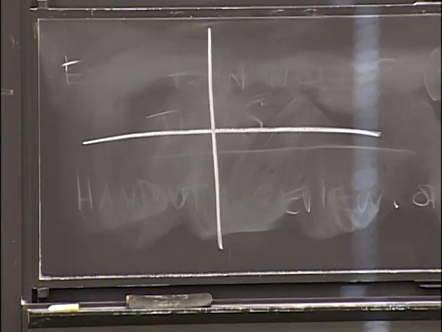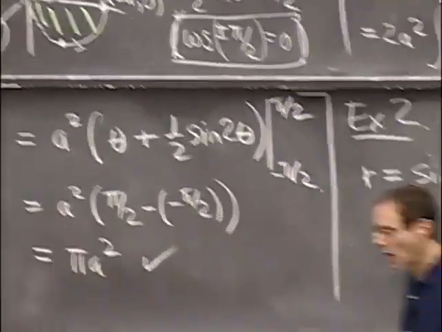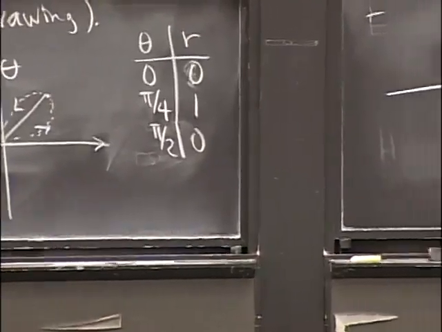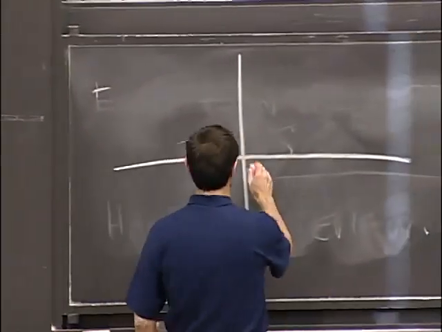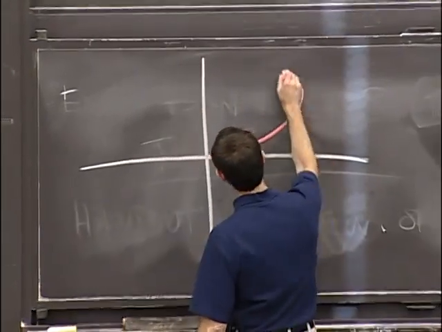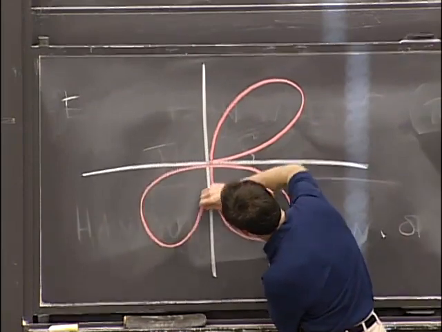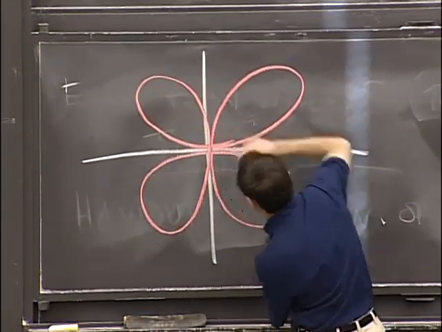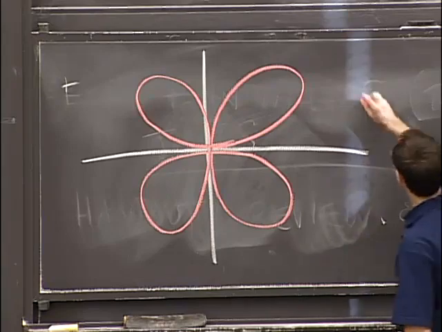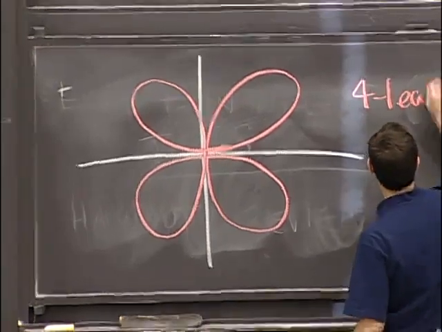It's similar to this weird business with the circle here. So watch me draw this guy. I'll draw it in red because it usually has a name. So here it is. It does this thing, and then it does this, and then it does this, and then it does that. All right? So it's called a four-leaf rose.